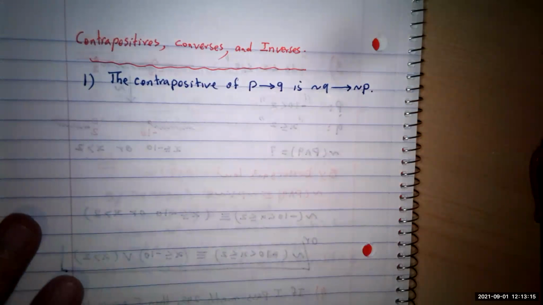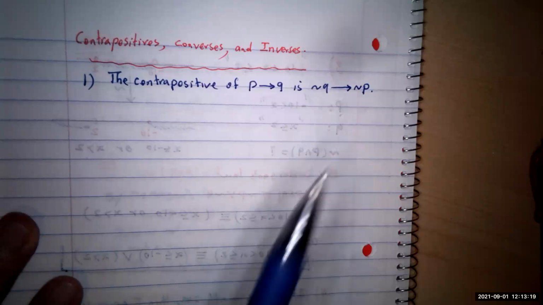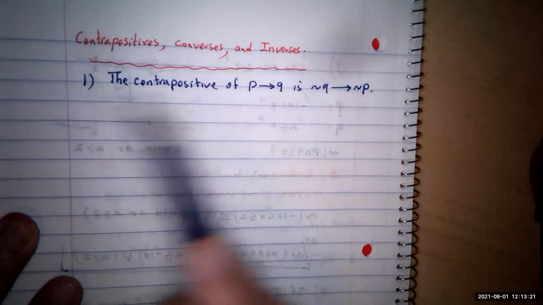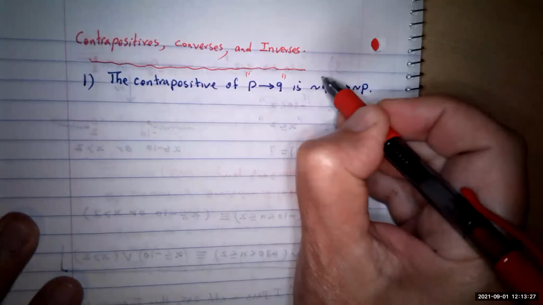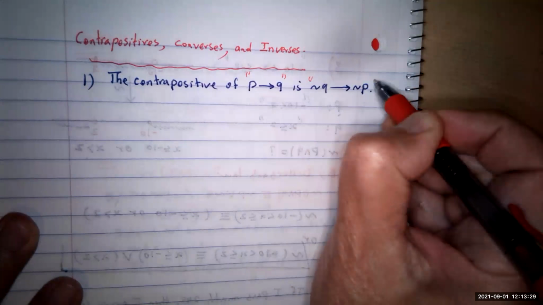So if I give you a statement and ask you what is the contrapositive of that statement, you write it down first, then you translate it for us. The contrapositive of if P then Q is going to be not Q implies not P. You know that they are the same because we have the contrapositive law for this one. Okay, that's the contrapositive. Any question?